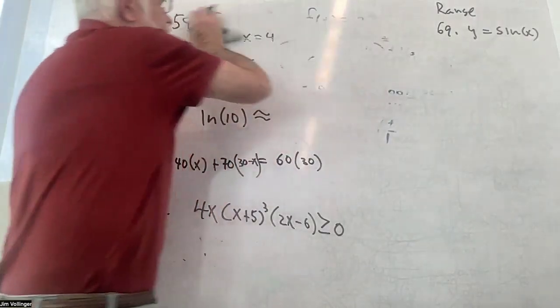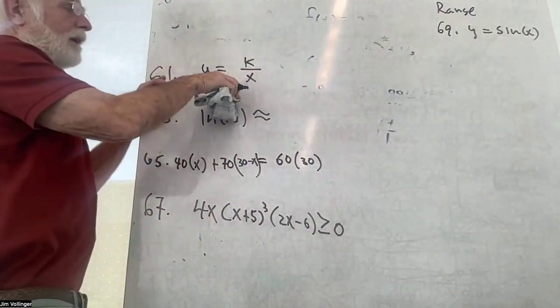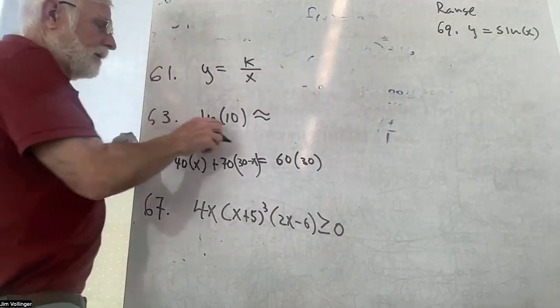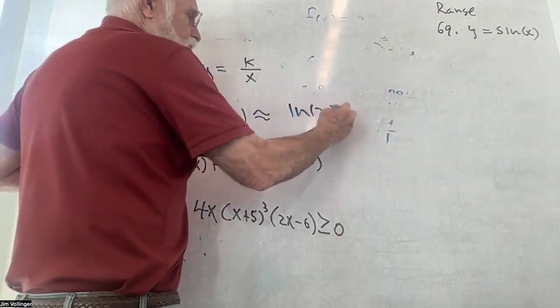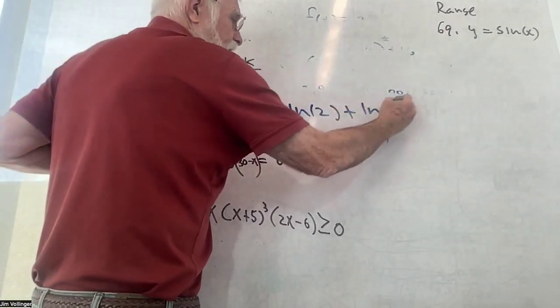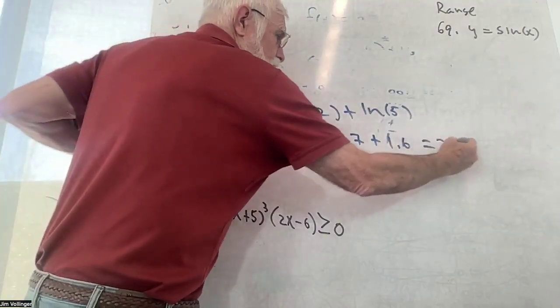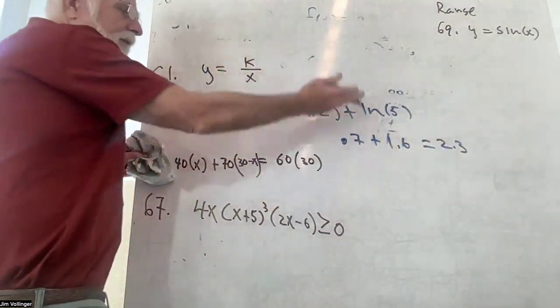All I did was ask you to see if you did know how to write y inversely as x, and then work with it. Okay, so we've been working with the rules of logs. Maybe you did this and never even thought about 0.7 plus 1.6 equals 2.3. Maybe you're doing that now.